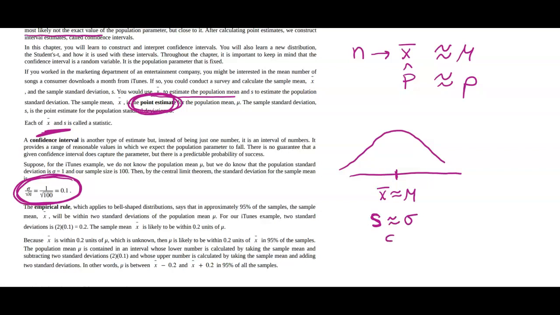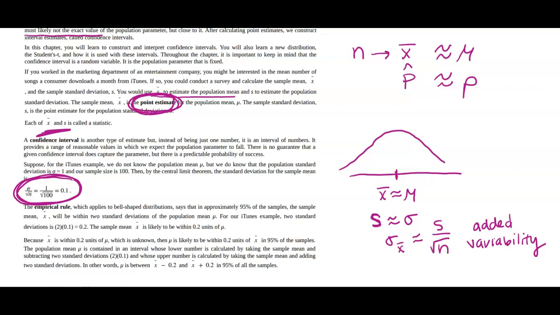So when you're trying to find the standard deviation of your sampling distribution, you're going to approximate that using S over square root of n. And there's some added variability when we're doing that, so we just have to be really careful, and we'll talk about that again a little later.